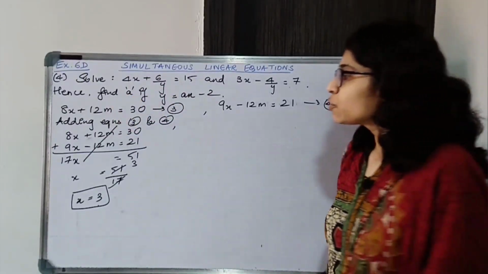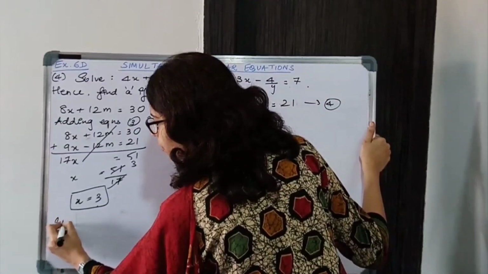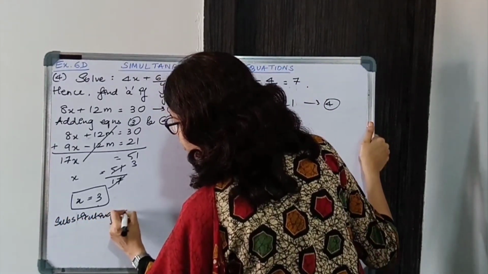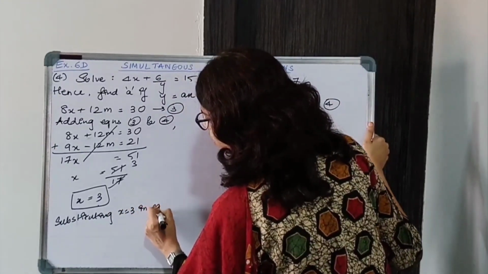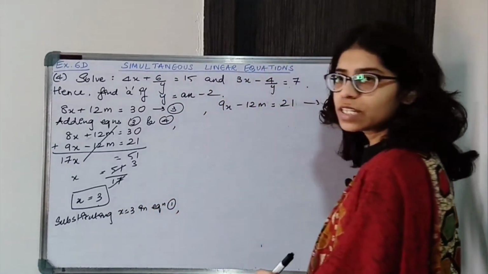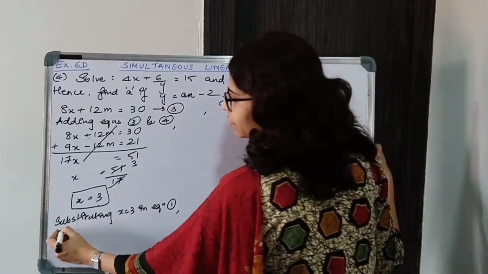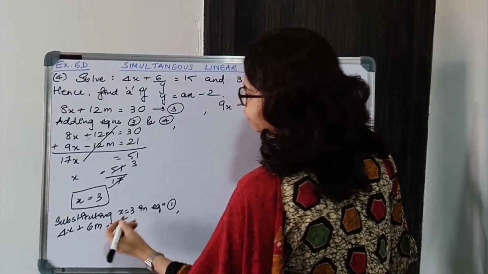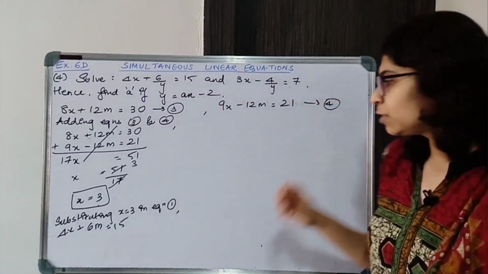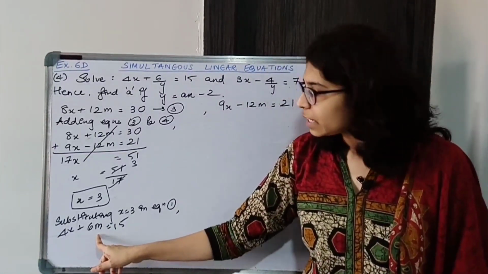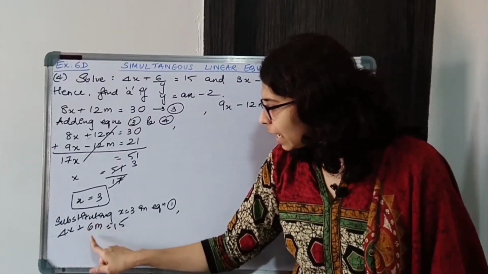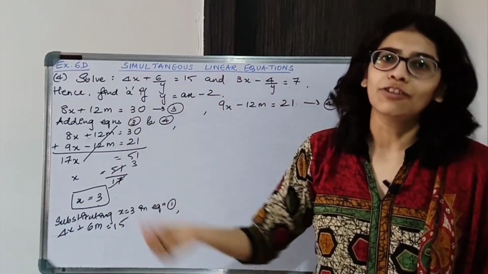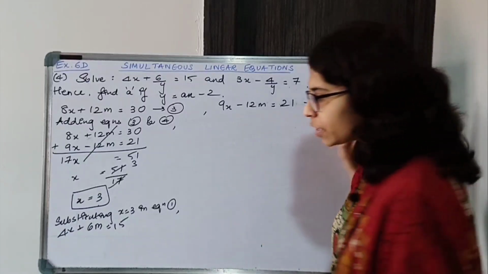So, substituting x equal to 3 in equation 1, which was 4x plus 6m equals 15. In place of 1 upon y we took m. Now we'll substitute 1 upon y back in place of m and directly find the value of y.